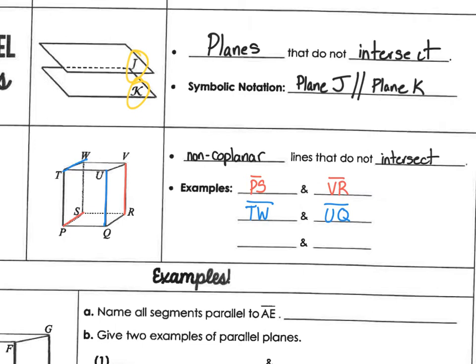Okay, and then the last one that we could use P and T, and then Q and R. Okay, so skew lines are just lines that aren't on the same plane that will never intersect.